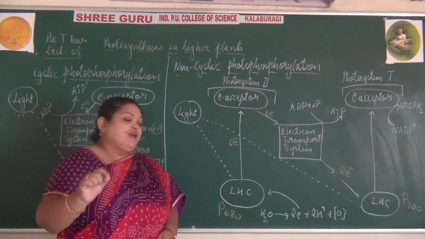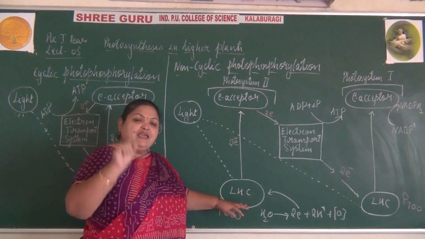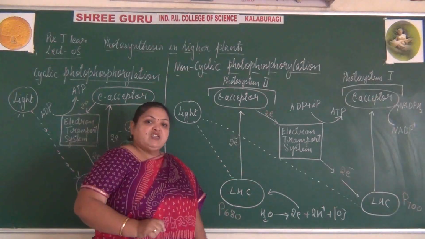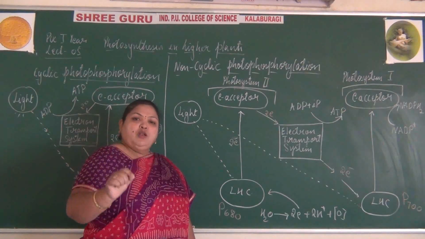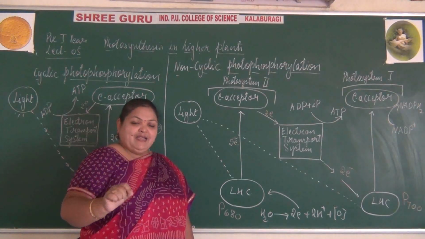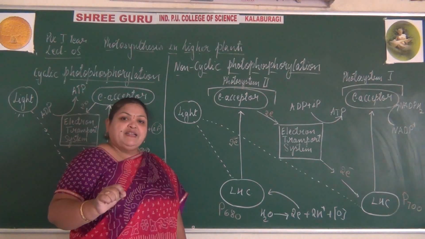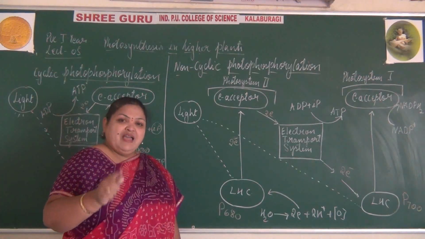So at each and every step, whenever a molecule receives light, it gets photoexcited and releases the electrons.